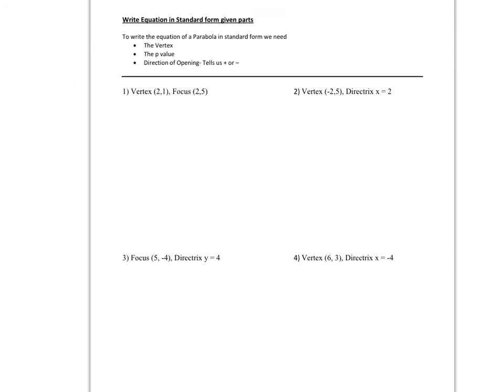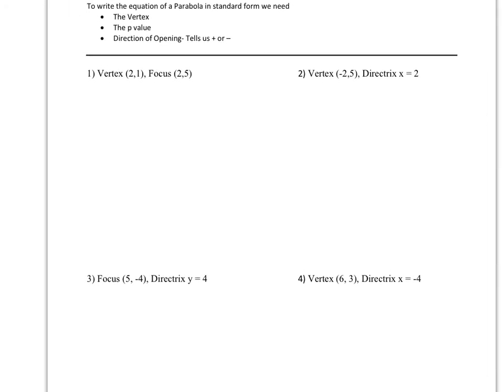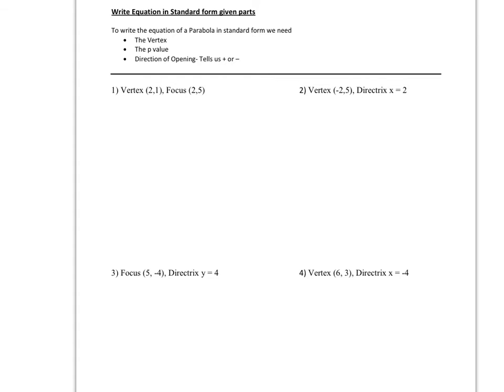Okay, so now it says I want to write the equation in standard form given the parts. All right, so given a focus and a vertex, can we find the equation of the parabola? So let's sketch and see what this looks like. So we have a vertex of (2, 1) and a focus of (2, 5).